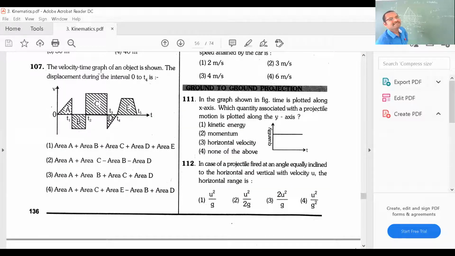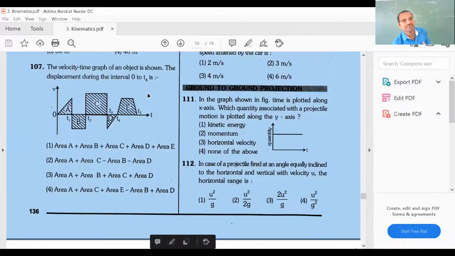Next, the velocity time graph of an object is shown. The displacement during the interval 0 to t4. See, it is a very simple question. For displacement, lower areas we should subtract and upper areas we should add. However, this area we should not consider because it is t5.